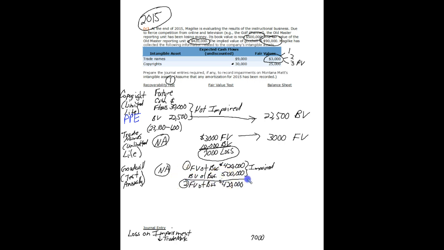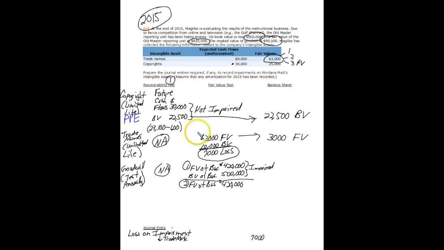Draw a line so you can see from step 1 to step 2. Step 2, fair value of the business is $420,000. And then let's look at the book value of those net identifiable assets.